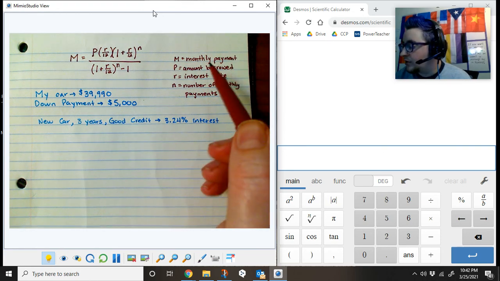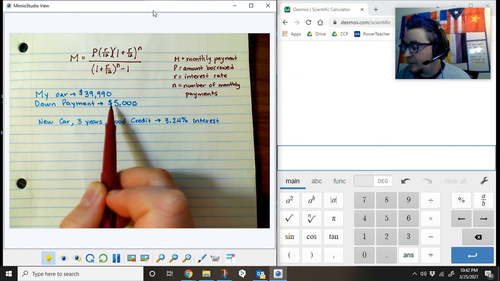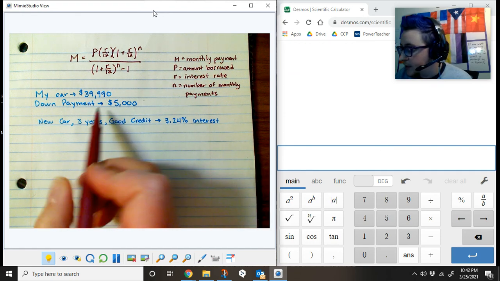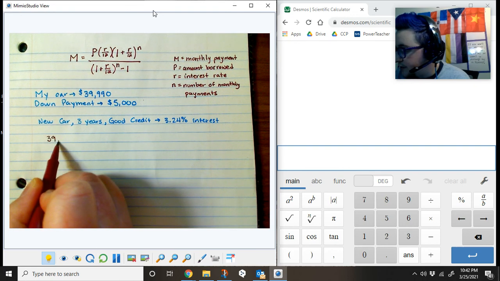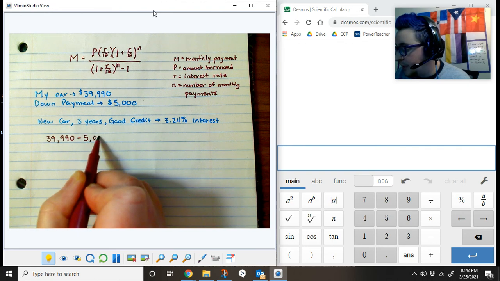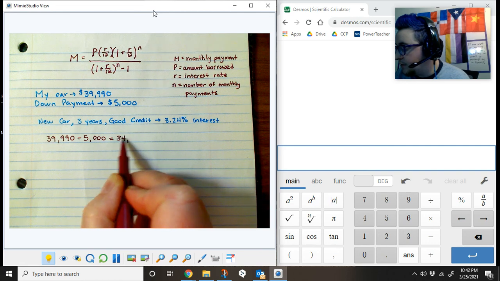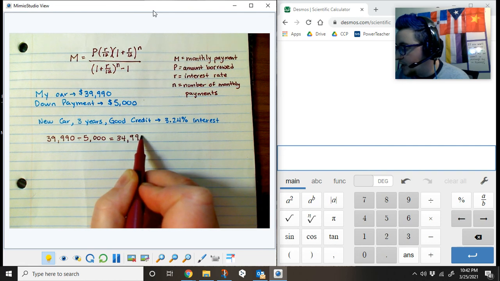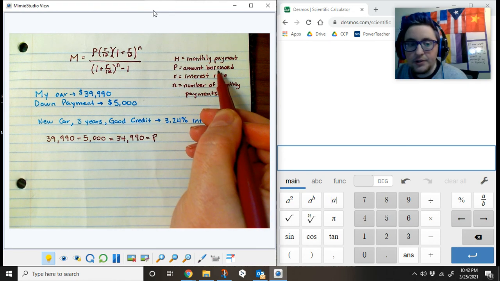So my loan, the amount that I'm borrowing, is actually going to be how much my car costs minus this down payment. So I'm going to start with that. $39,990 minus my $5,000 down payment is going to cost me a loan of $34,990. So that's going to be my P, my amount borrowed.